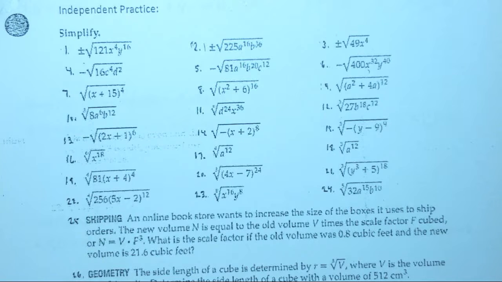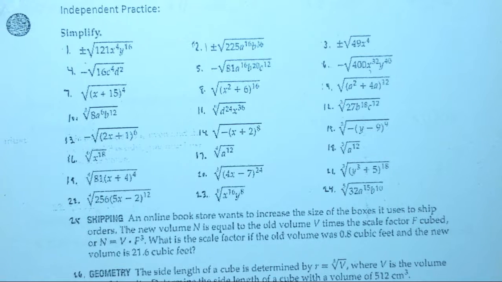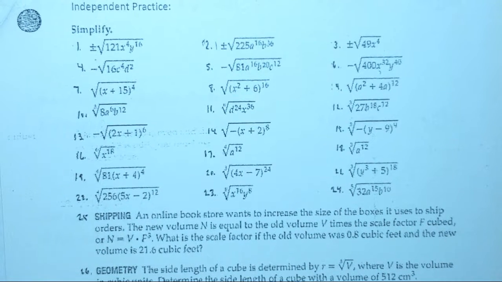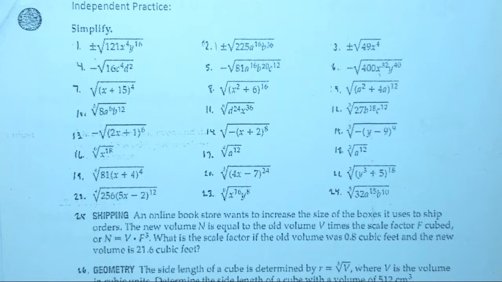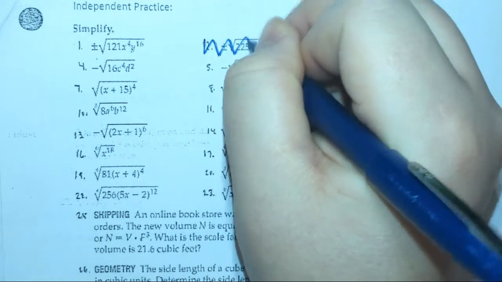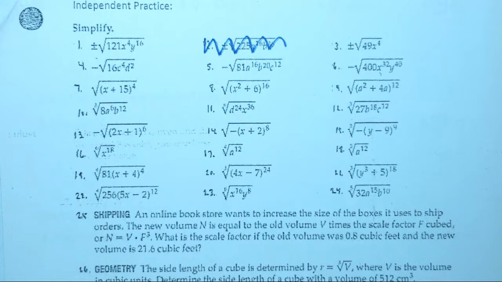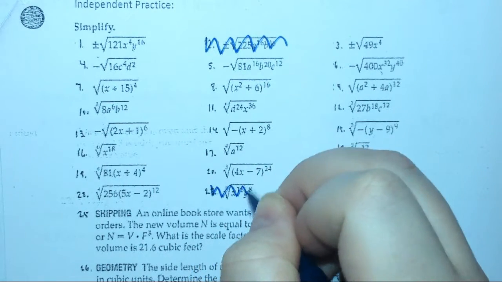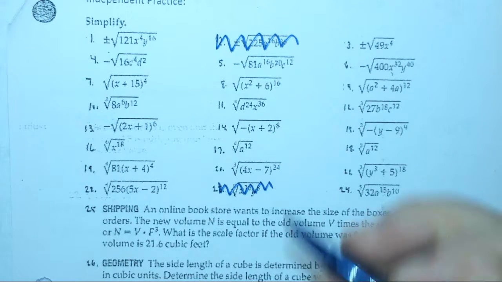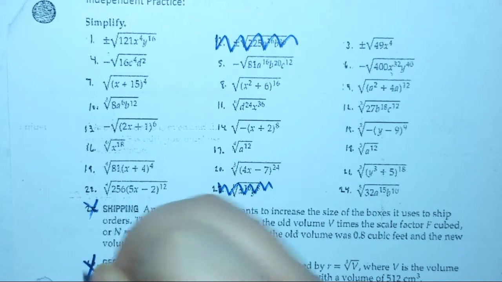Let's back up. I'm going to take off specific ones. I don't like number 2. I don't like 23. You don't have to do 25, 26.